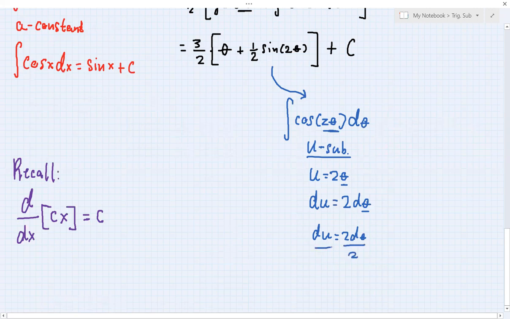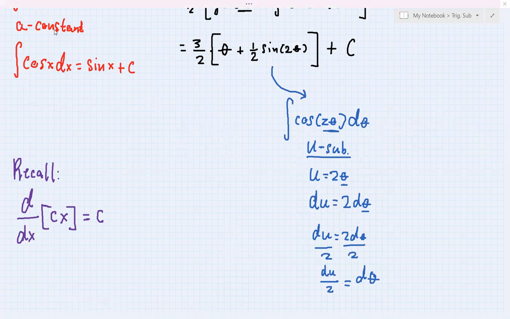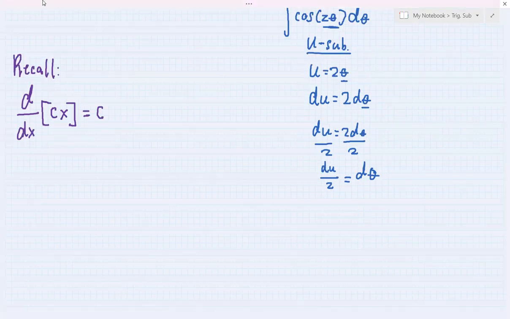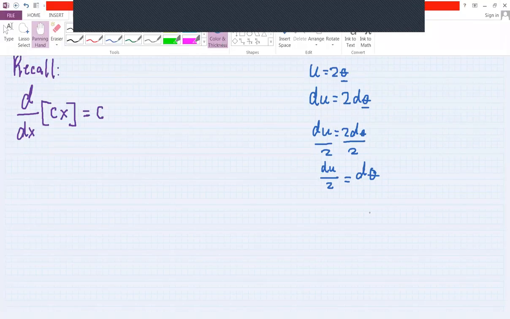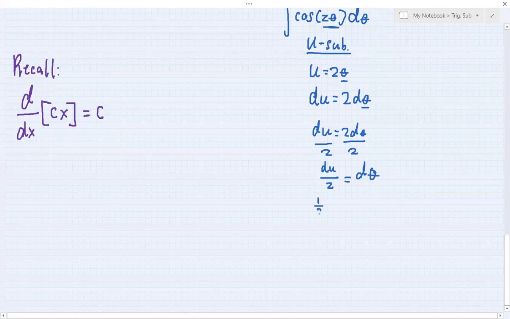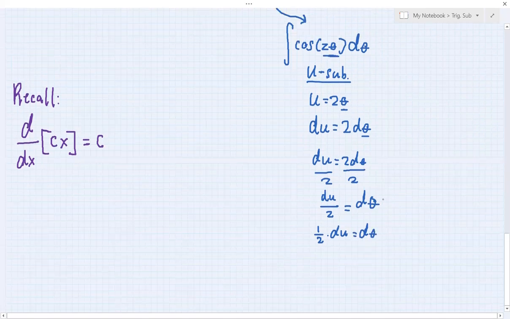So, let's divide the whole equation by 2. So, you will have du over 2 is equal to d theta. Pero we're not even done because isi-simplify ko pa to as 1/2 times du is equals to d theta. You will know why soon kung ba't ko ginawa.